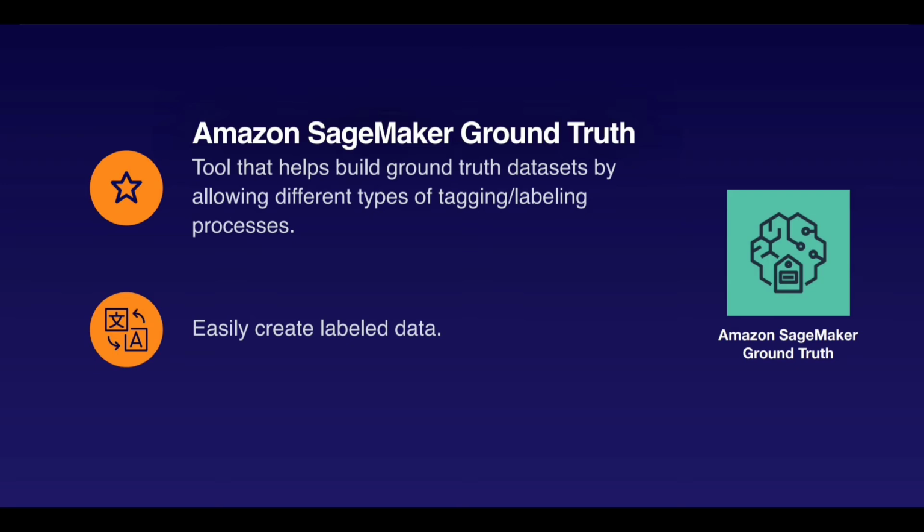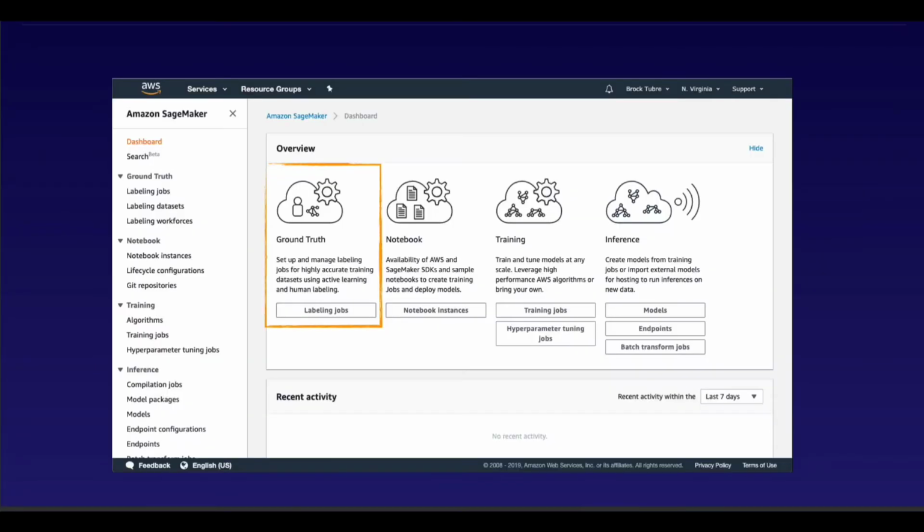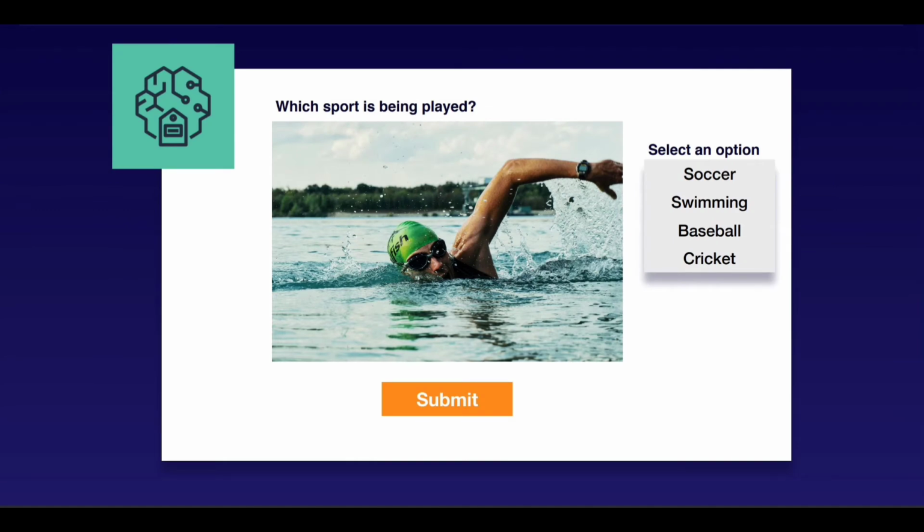And you can see Amazon SageMaker Ground Truth in the console here, and what it might look like for someone who is trying to label a dataset is they may be presented with the following screen, and within this they are asked a question: which sport is being played?